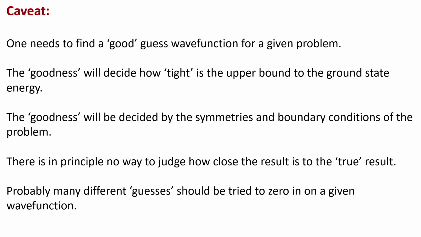So, you will get something which is above the ground state energy, but how close you get to the actual ground state energy would depend on the choice of the guess wave function. And this guess wave function has a scientific name: you call it either an ansatz or a trial wave function, but nevertheless it remains a guess wave function.